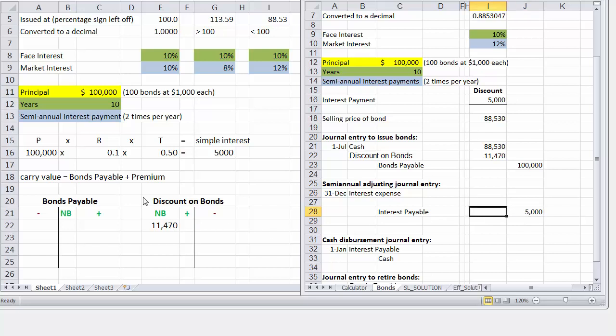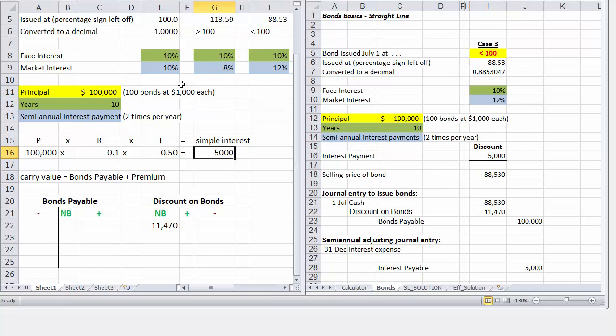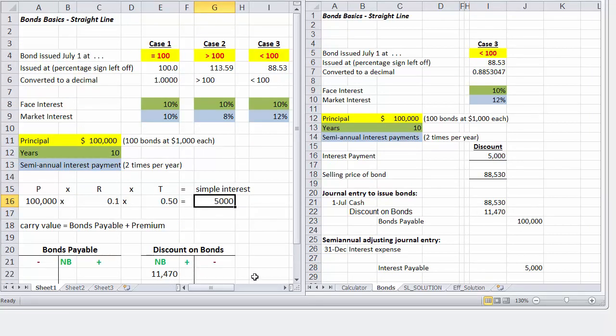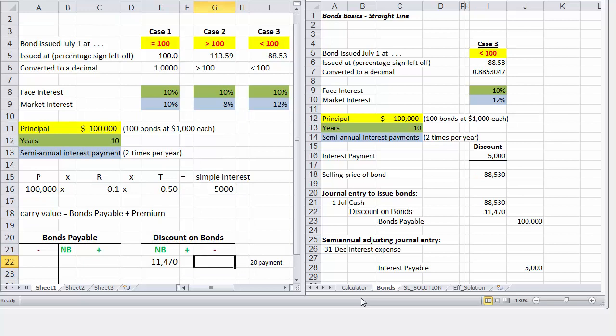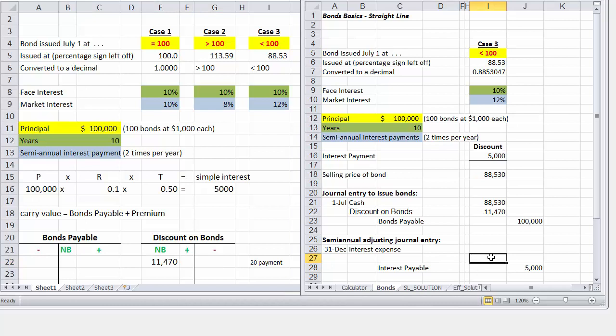Now, because we are using the straight line method, we need to figure out what portion we're going to allocate to the 6-month period. So what we're going to have to do is take the $11,470 and divide that by 20, and we will actually allocate $574 every 6 months to the discount on bonds.